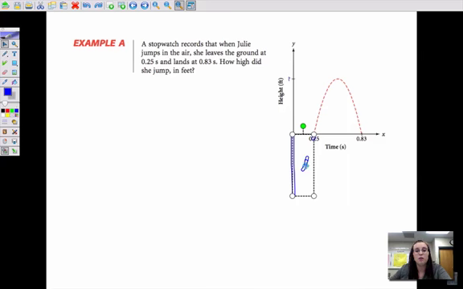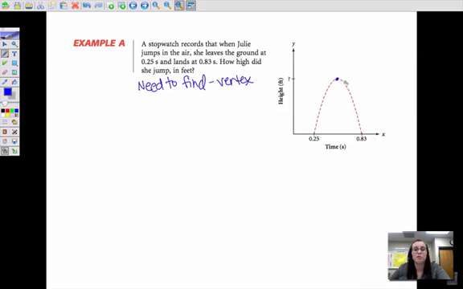But what we do know is the roots, and the question is asking how high she jumped in feet. So what we need to find this time is the vertex, because they're asking for the maximum height. The vertex is the maximum height that we reach. We're talking in seconds, which is good.